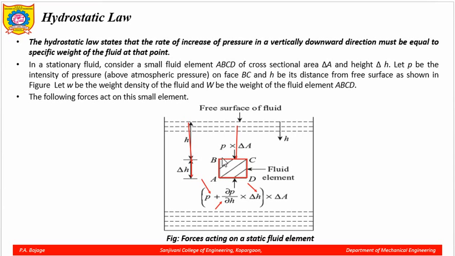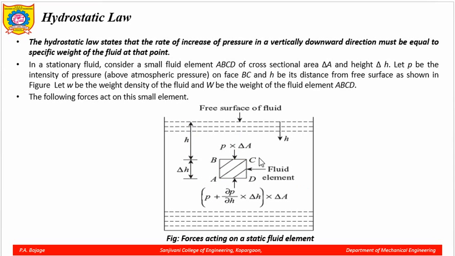Because pressure is acting with respect to this height of the fluid element. And if you integrate that, we will get the actual pressure at that particular point. That is what the law says, multiplied by the cross section area at that face, that is the face AD.